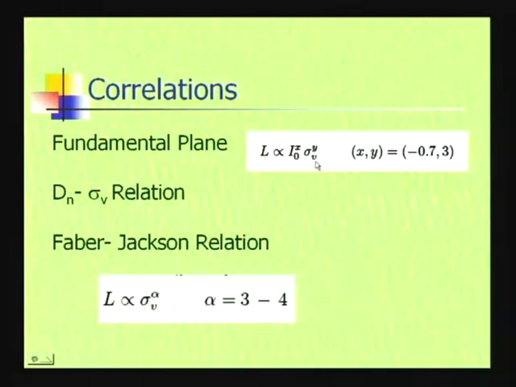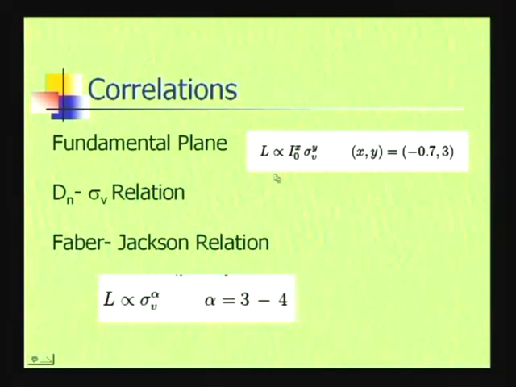Now, it can be understood on physical grounds how this comes about, but I shall not go into that over here. So, if you can determine I naught and sigma v from observations, you can then get the luminosity.